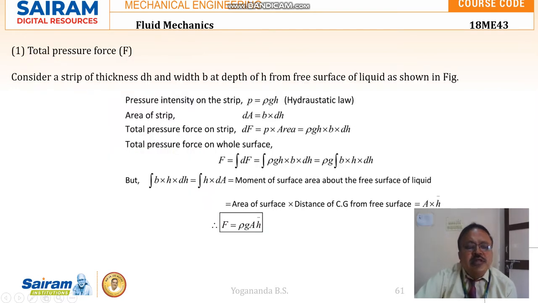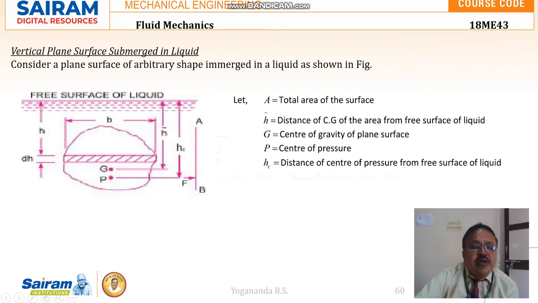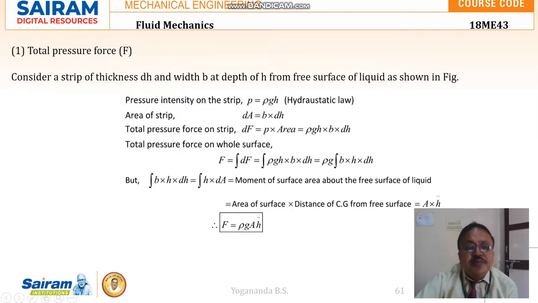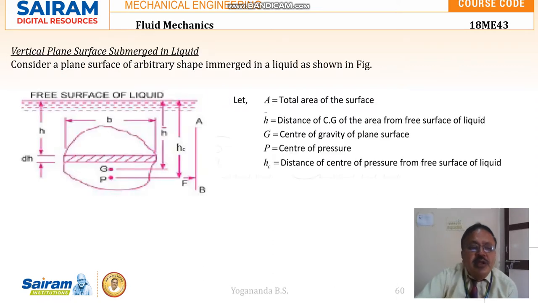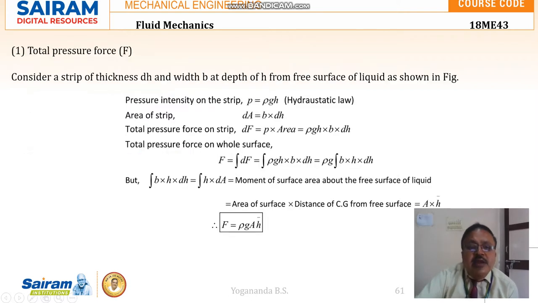Consider a strip of thickness dH and width B. The width of this elementary area is B, and the thickness of the elementary area considered is dH, at a depth of H. So the elementary area taken is at a distance of H from the free surface of the liquid.